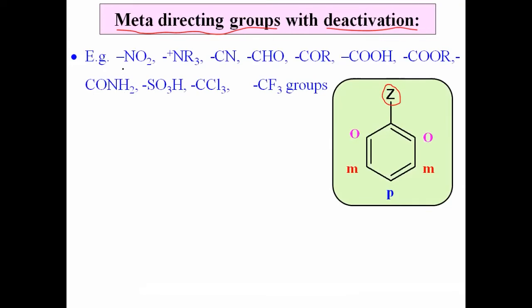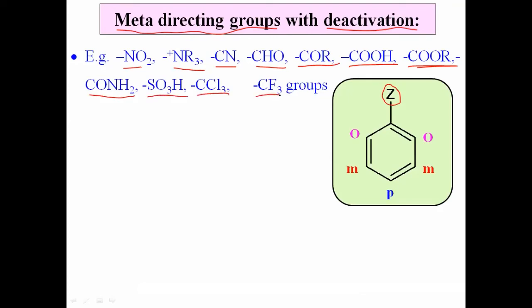One is the nitro group, then NR3 with positive charge on nitrogen, then cyano group, CHO, COR, then COOH, then COOR. COOH is the carboxylic group, then this is the ester group, then CONH2, then sulfonic group, CCl3, CF3.